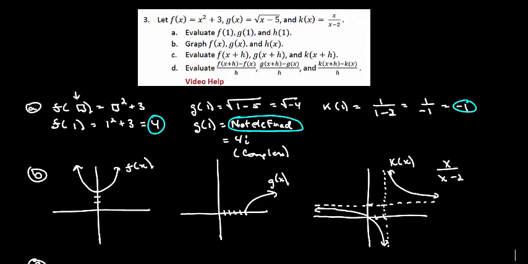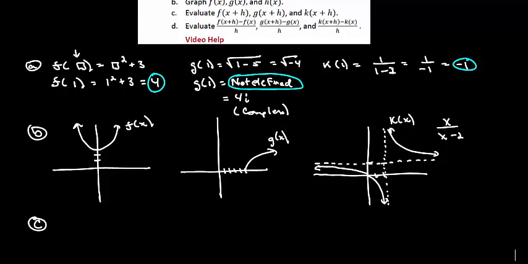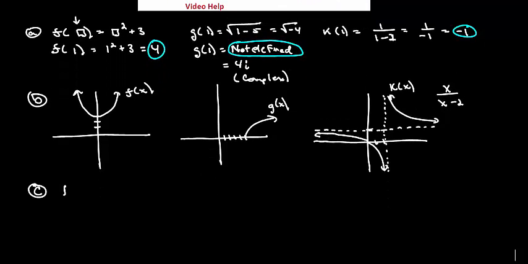So C asks me to evaluate f at x plus h, g at x plus h, and k. So f at x plus h, that's x plus h squared plus 3, which is x squared plus 2xh plus h squared plus 3.